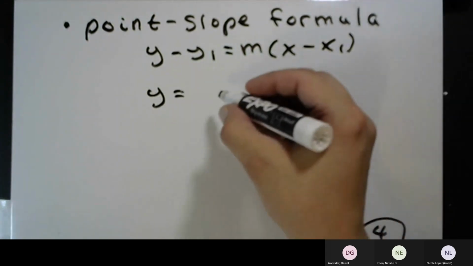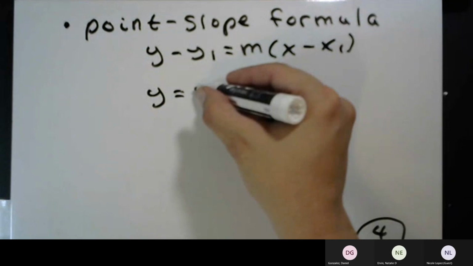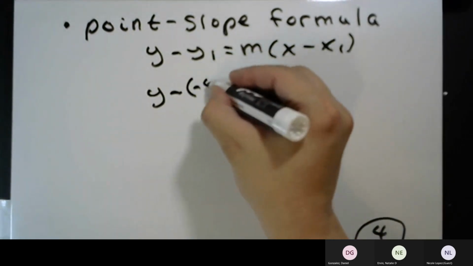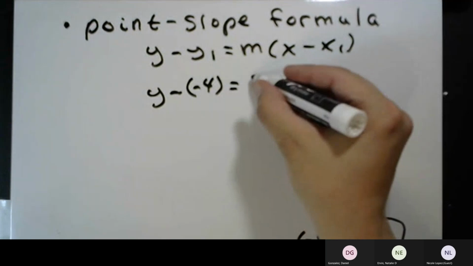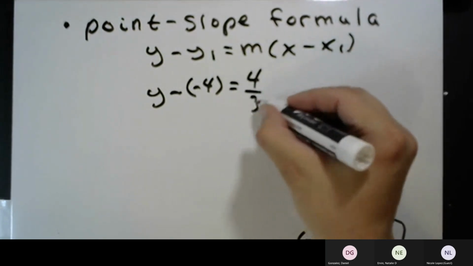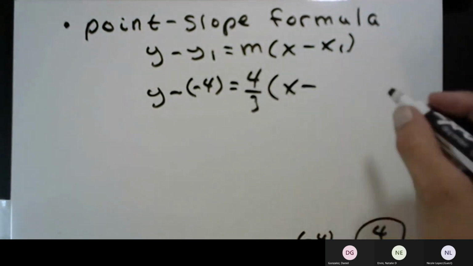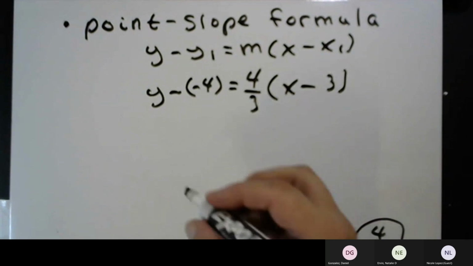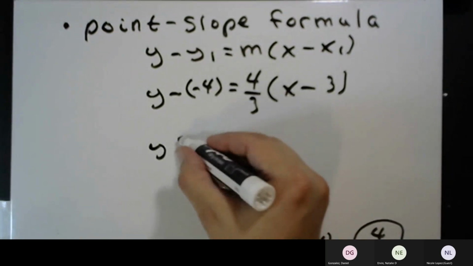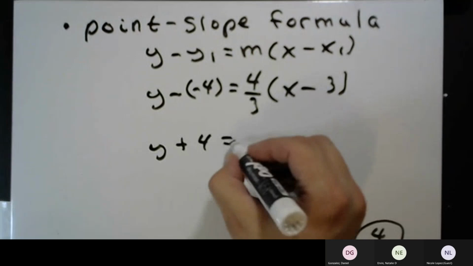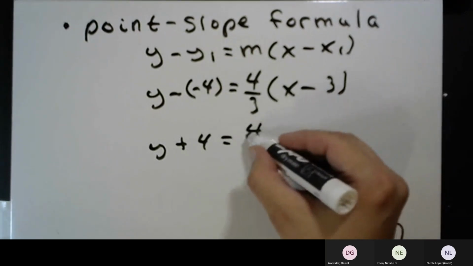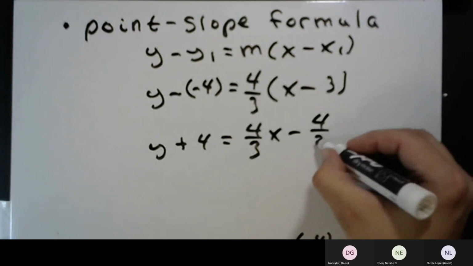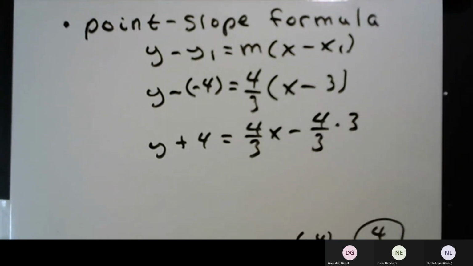Now our y1, we'll choose the y coordinate there, and that's going to be -4. The slope was 4/3. You have x minus 3. So this will be y plus 4. We'll distribute the 4/3. We'll get 4/3 x minus 4/3 times 3.